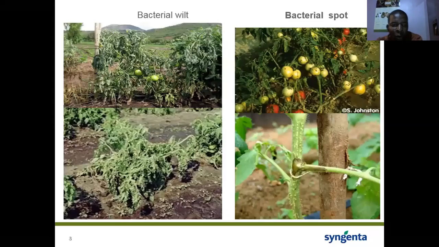We've got more bacterial infections. We've got what we call bacterial wilt, where we find that tomatoes will wilt in a green state, mostly during the flowering and fruiting stage, before the fruits ripen.